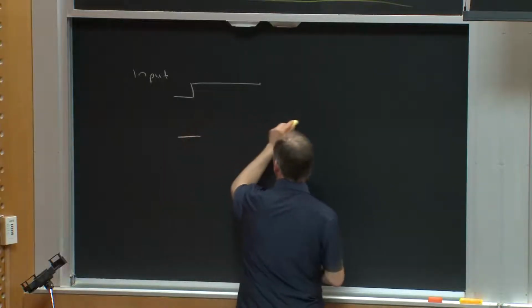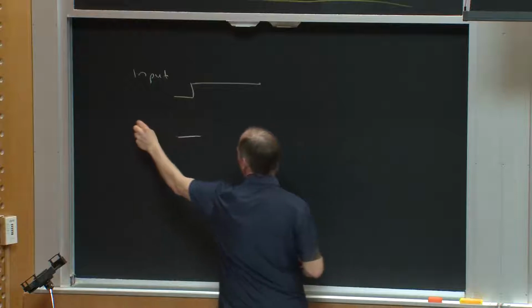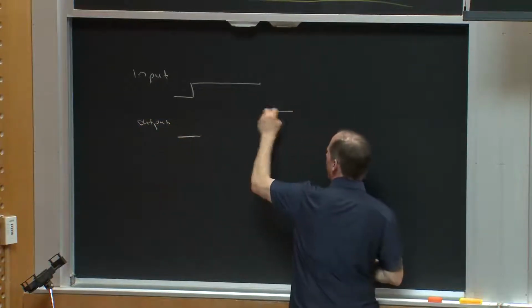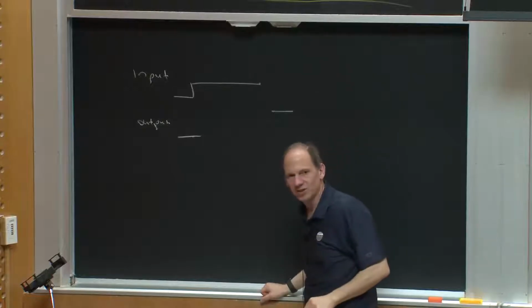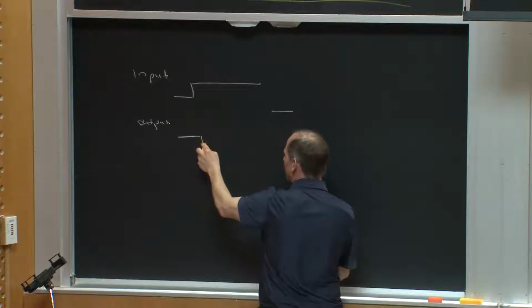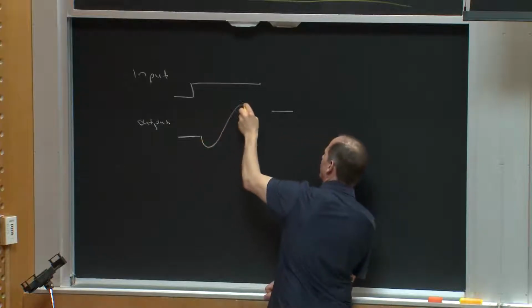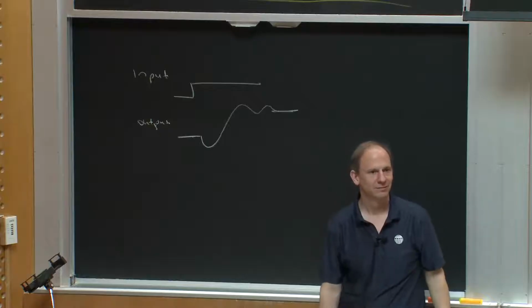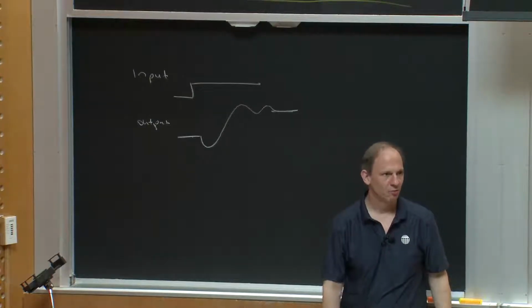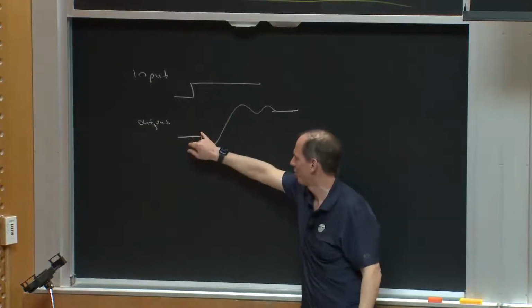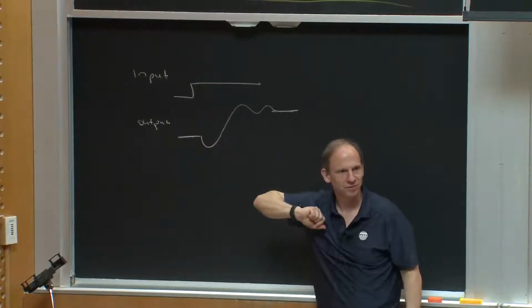I want my output to go up from some level to some higher level. But what a system with a right half plane 0 will do is as soon as I step the input, the output will actually go the wrong way and eventually will settle down and go the direction I want. All right? So right half plane zeros are also considered nasty because you want it to go in one direction, but before it goes in that direction, it goes in some other direction.